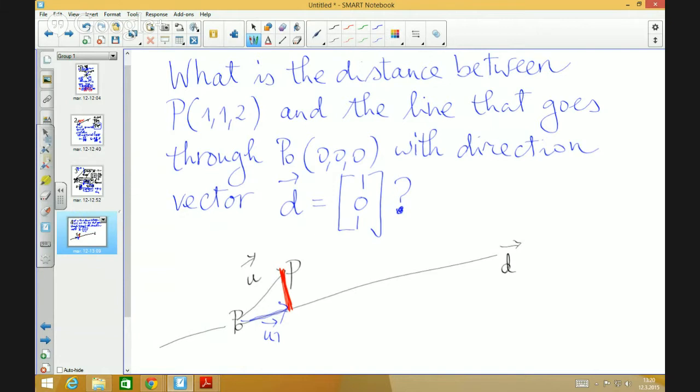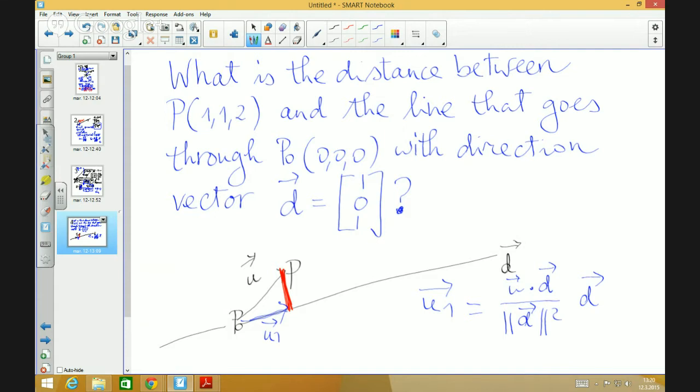You can do the calculations at home, but you know that U1 is actually U dot product D divided by the square of the length of D, times D. So we can compute it using this formula.